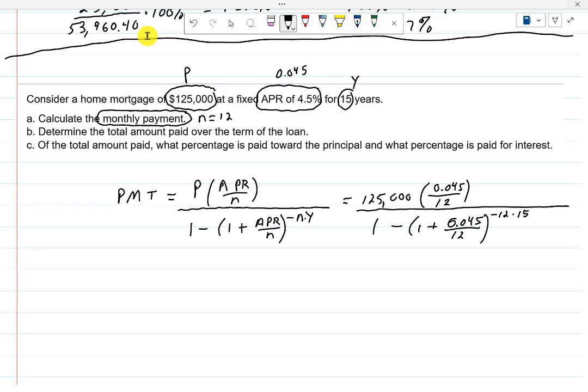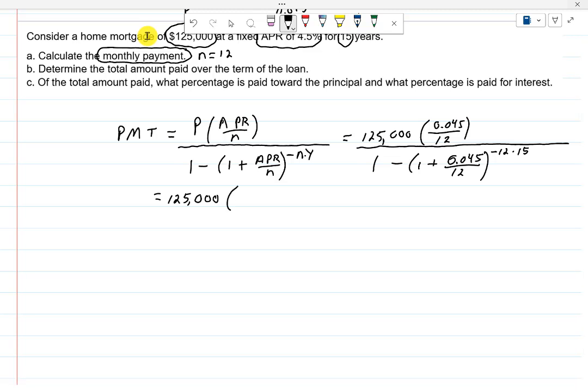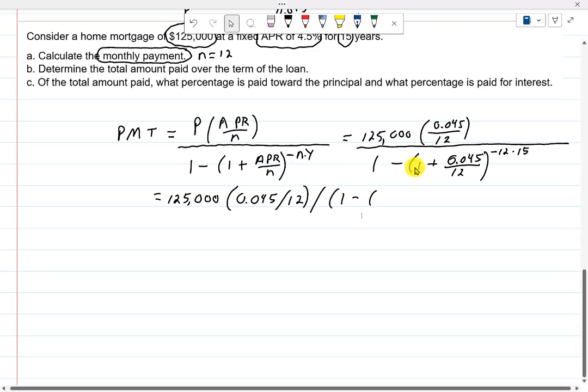And now let me go ahead and put it as the calculator-friendly version. Start a new parenthesis for the denominator. Start another parenthesis for this part.